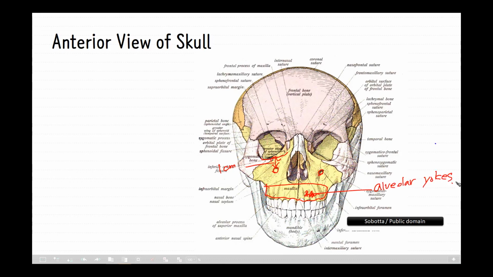The alveolar processes and adjacent body of the maxilla meet in the median plane at the intermaxillary suture here. The short, thick zygomatic process of the maxilla has an oblique upper surface that articulates with the zygomatic bone at the zygomaticomaxillary suture here and here.